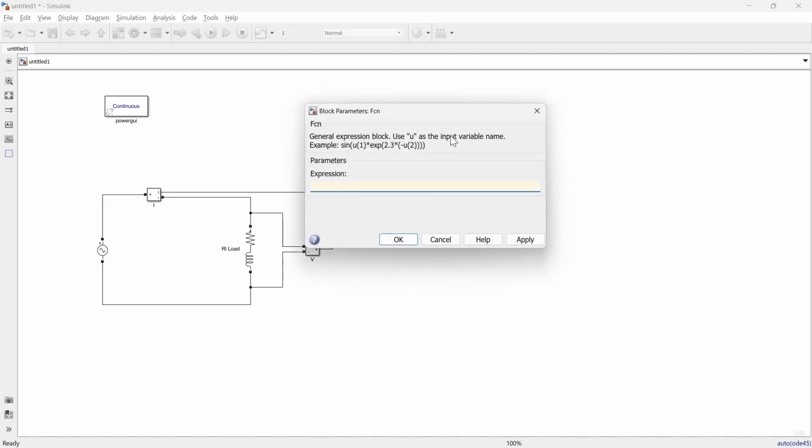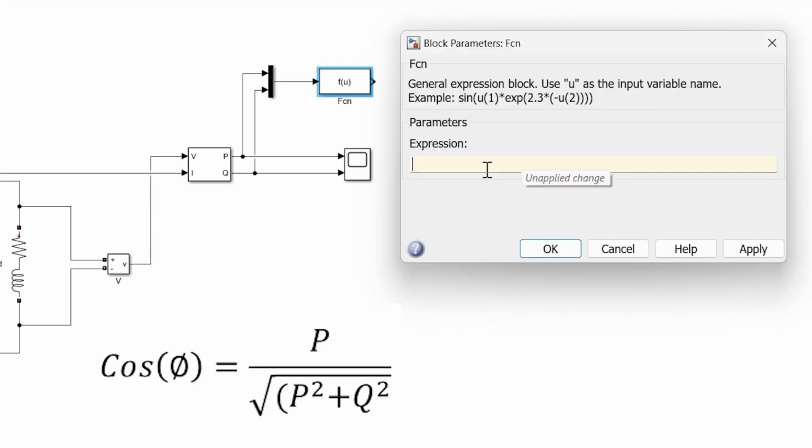We'll remove this expression and write our new expression. Here on the screen you can see the equation that we are going to implement. The equation is P. So P is actually our U1.